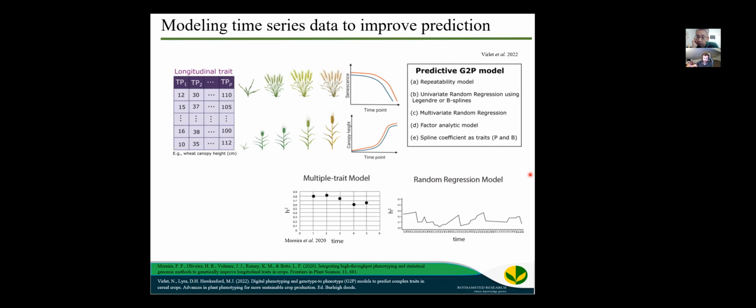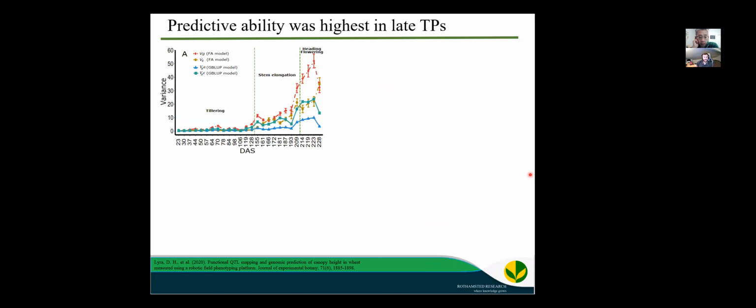I'm just bringing the methodologies for you to know more about it. And coming back to our publication, I'll show two slides about what we also ran for canopy height. As you can see, we ran the factor analytic model and the GBLUP model. And as expected, you have more genetic variance at late stages, especially at heading.